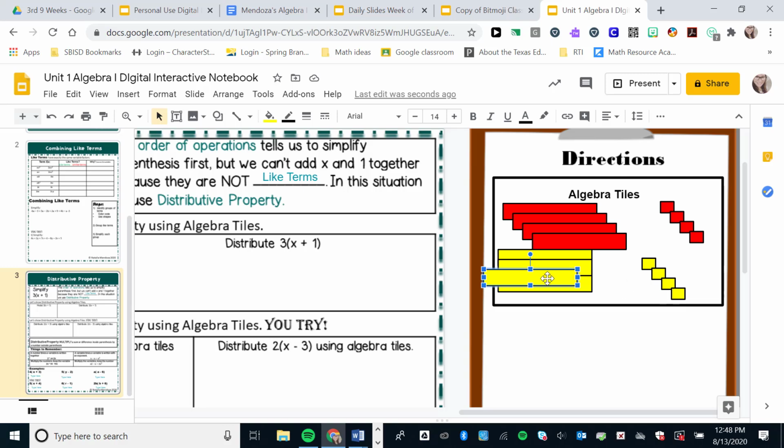The only difference is that this long piece is our x. If we had a square like this, that would be x squared, but we're not going to do x squared today. We're just going to use these. If it's negative, your algebra tiles are going to be red. If it's positive, they are going to be yellow.